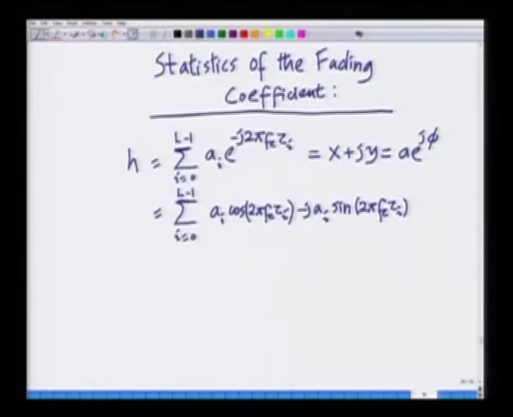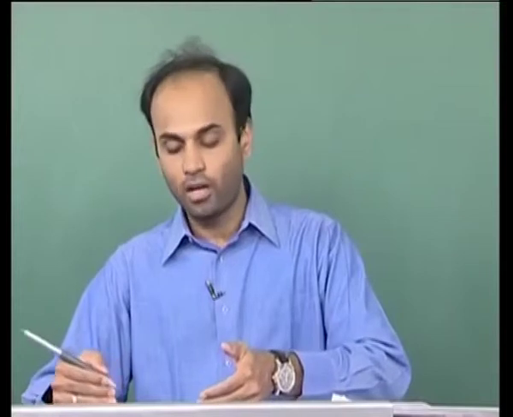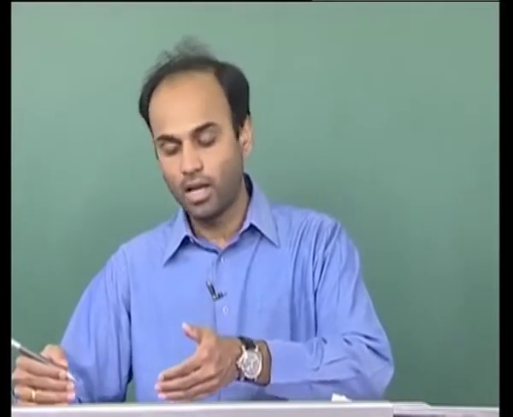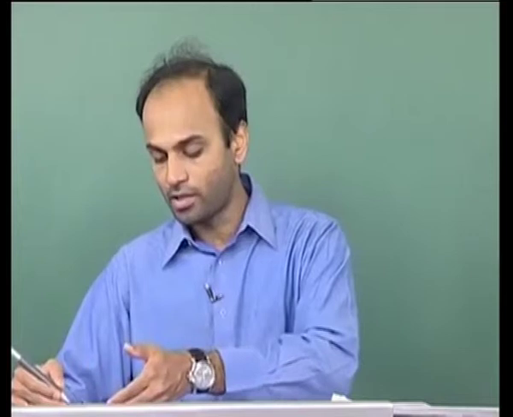All right, and now the real part of this is simply x equals a_i cosine 2 pi f_c tau_i, and y equals minus b_i sine 2 pi f_c tau_i. Alright, so I have expanded the complex fading coefficient as a sum of a real part and an imaginary part.